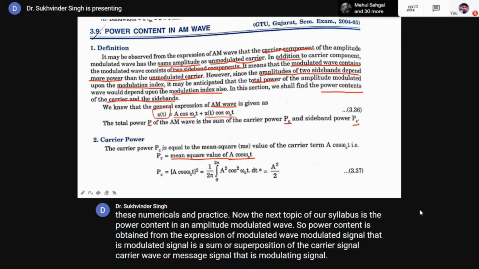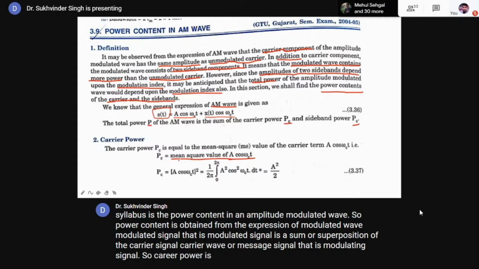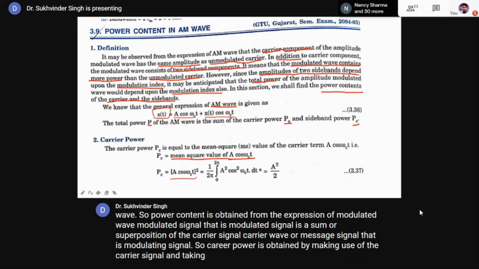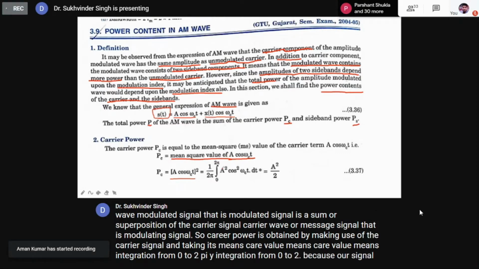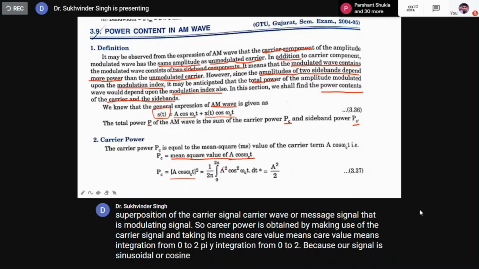So carrier power is obtained by making use of the carrier signal and taking its mean square value. Mean square value means integration from 0 to 2 pi. Why integration from 0 to 2 pi? Because our signal is a sinusoidal or cosine function, a trigonometric function.